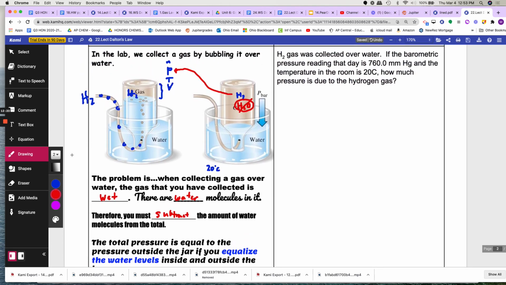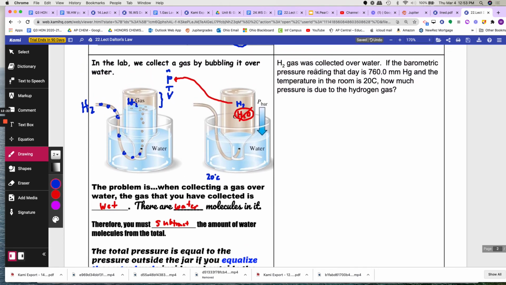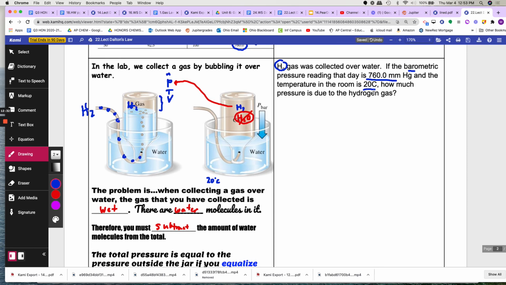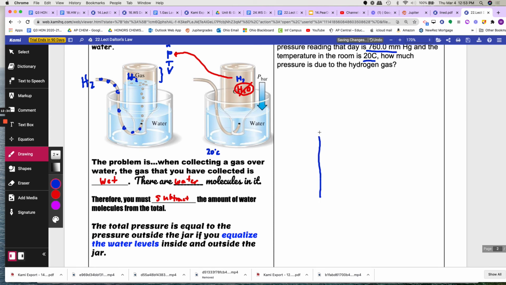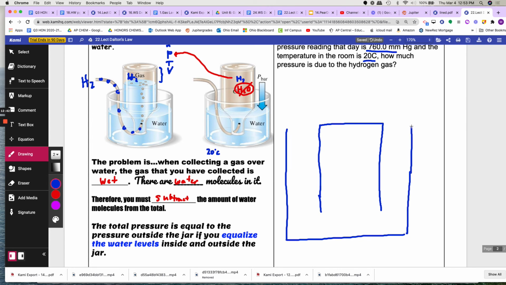This is what we do. So here's a scenario. You collected hydrogen gas over water. Okay, the pressure reading that day is 760, and the temperature of the room is 20. So this is you collecting your gas, and it's in a tub of water because of course you can't collect it over anything. It has to be water. So there's water right there. And your gas is in here, H2 gas, and there's also some water vapor. Okay?